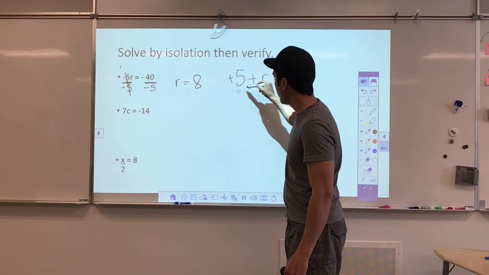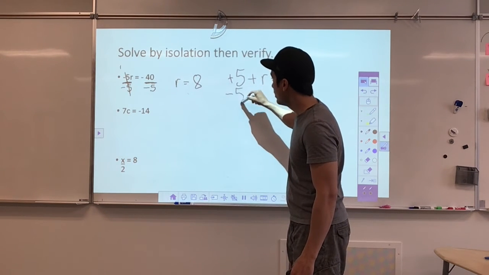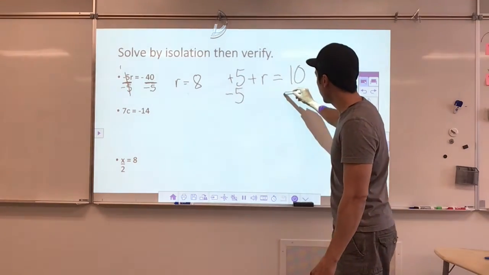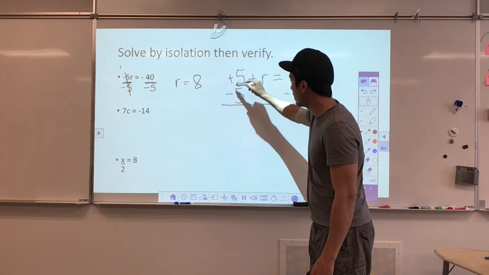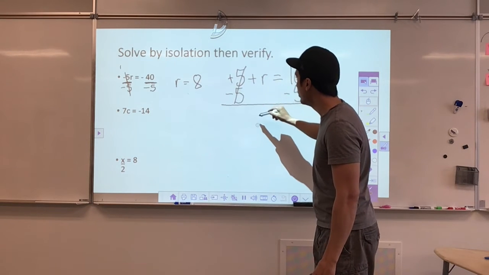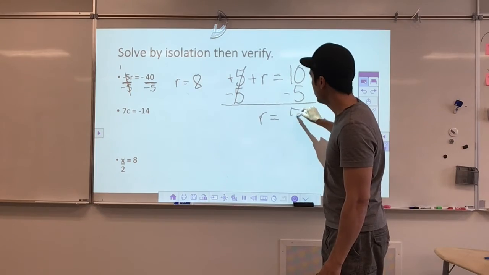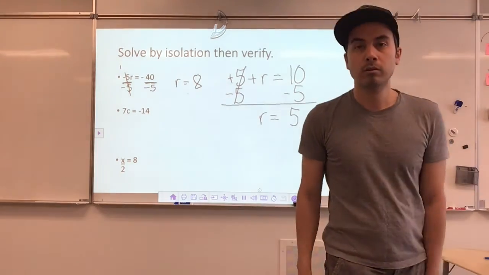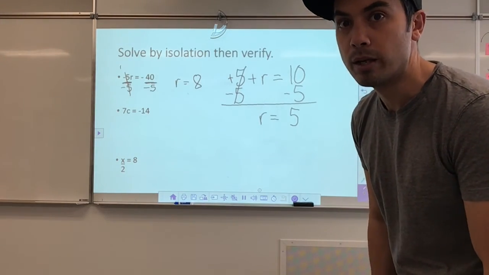I have this plus 5 on this side, and I would want to undo it by taking away 5. And I'd want to take away 5 here. That would make, in this case, not a 1, but a 0, leaving r all by itself. And having a plus r by itself is okay, because that can just be written as r. It's still alone, isolated.